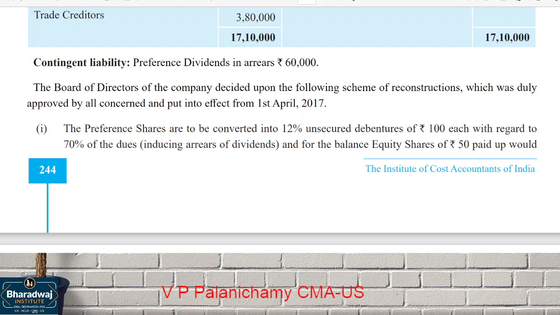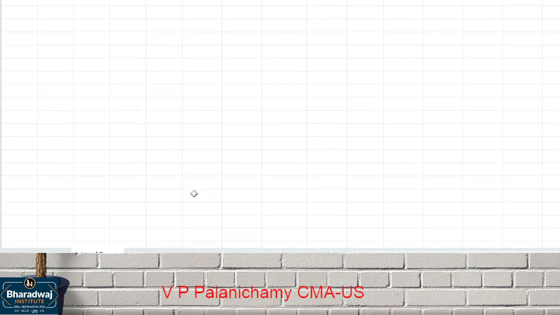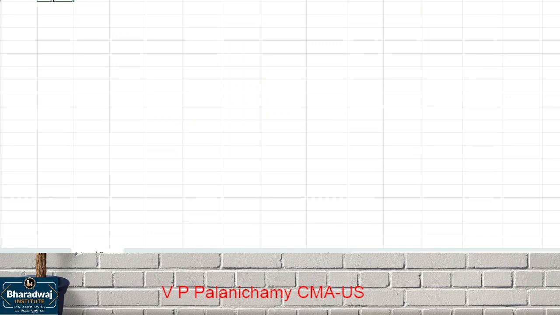So when arrears of dividend becomes payable, it is a loss for us. So the loss will be debited to which account? Capital reduction account. Start along with me. Capital reduction account debit, and arrears of dividend. How much is payable? 80,000.